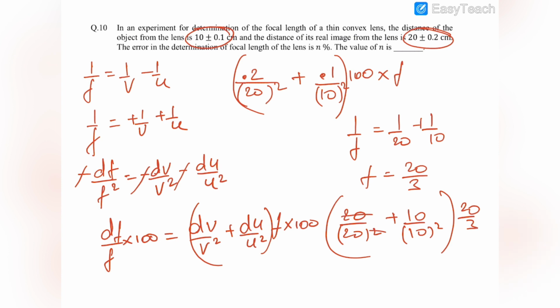So this is 1 by 20 plus 1 by 10, so it would be 3 by 20, and this is 20 by 3, so the percentage error is 1%. So the correct answer would be 1%. Now we move on to the next question.